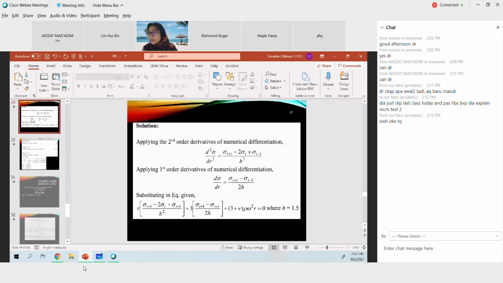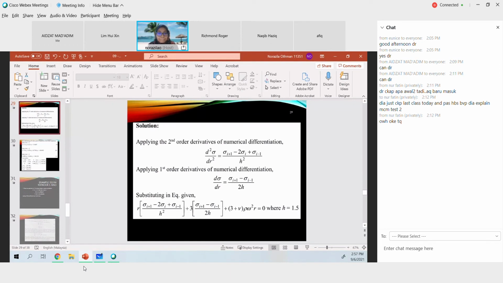So you know how to substitute, yeah? How? I'm trying to search for a previous task. Last assignment about the curve fitting, or is it this one? Integration?